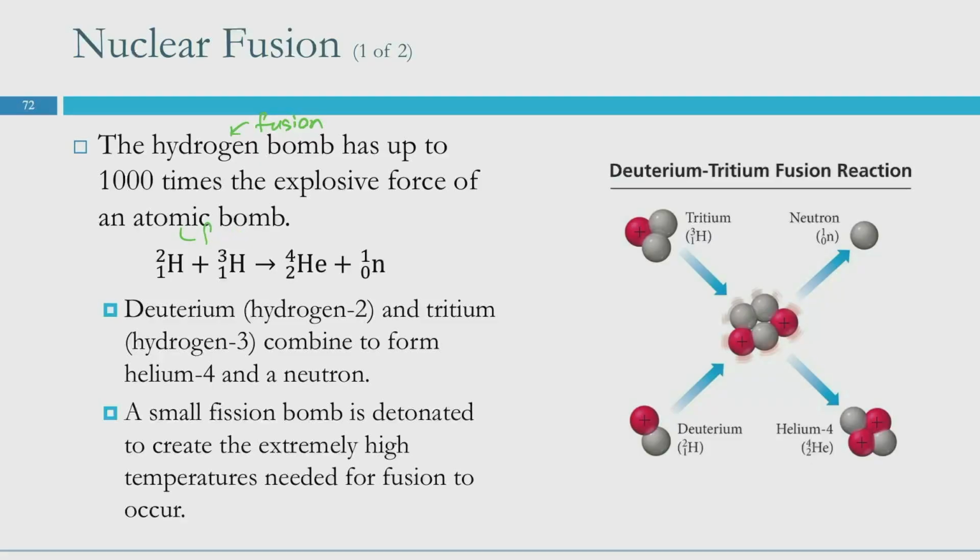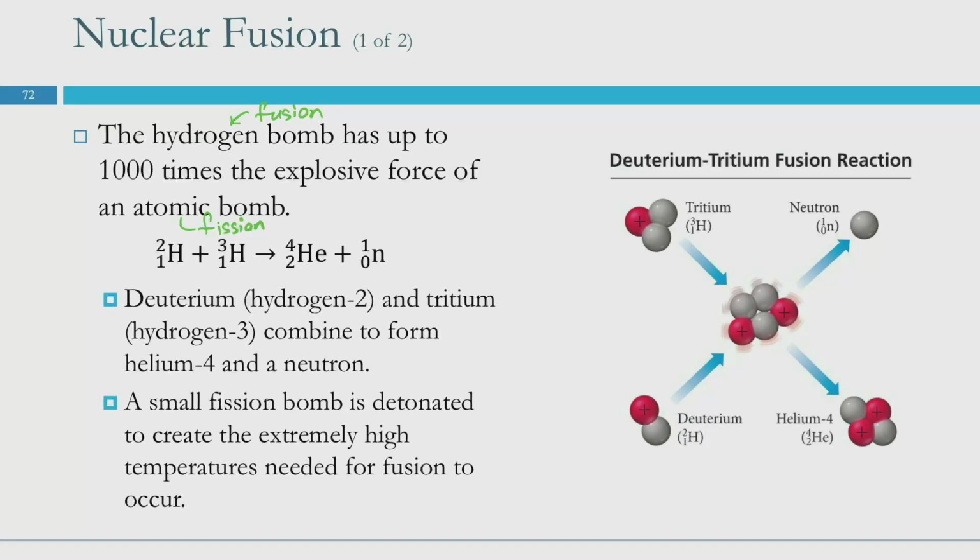Not fusion, sorry, fission. So deuterium and tritium, two isotopes of hydrogen, react to form helium and a neutron.